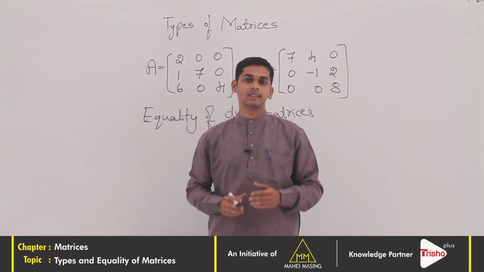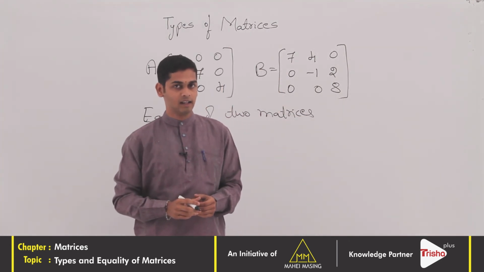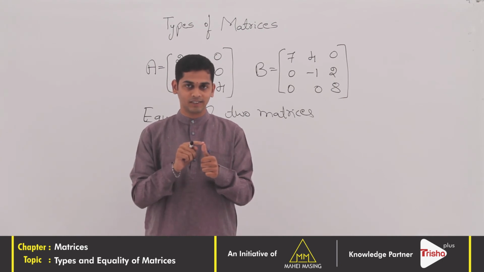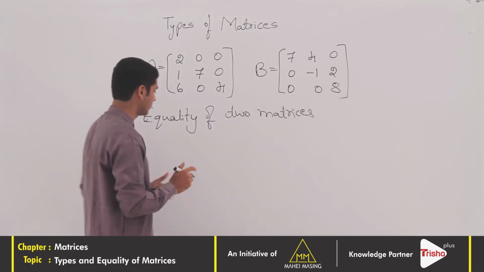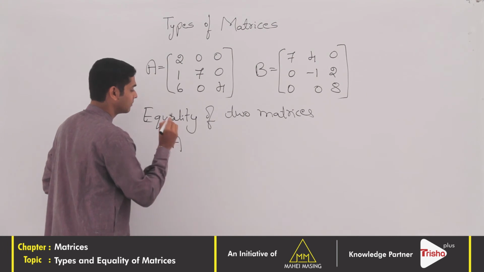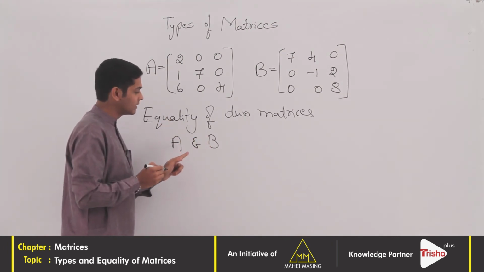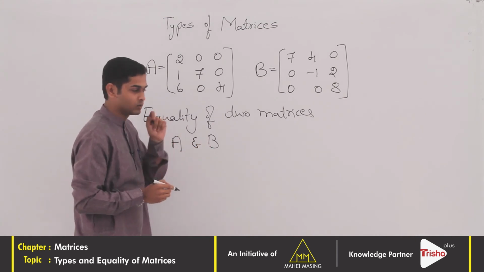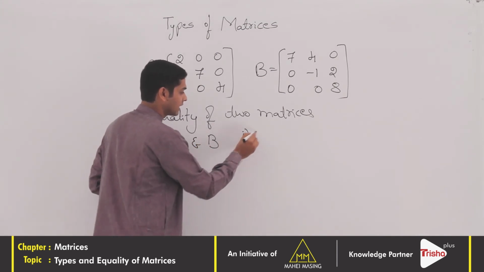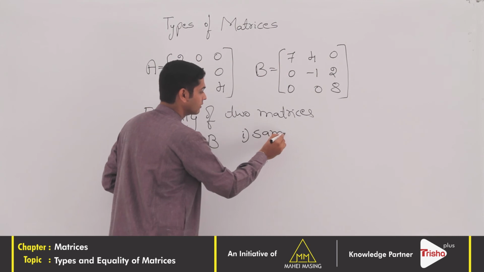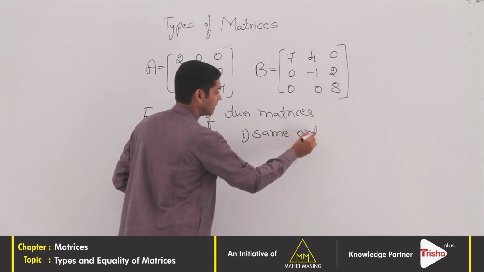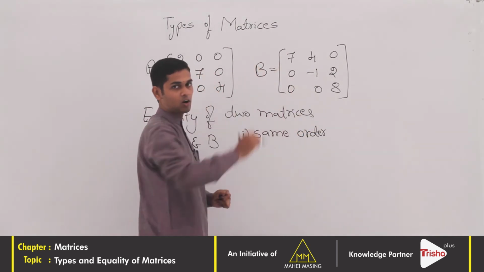Suppose we have two matrices A and B. When can you say matrix A is equal to matrix B? We have two conditions. First condition, both A and B have the same order.